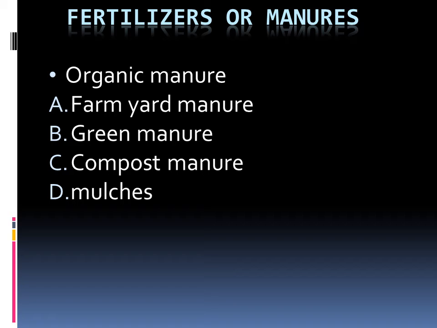Next is compost manure. Pupils, compost manure is made from decayed plant remains and animal waste such as leaves, cow dung, and food leftovers, among others.